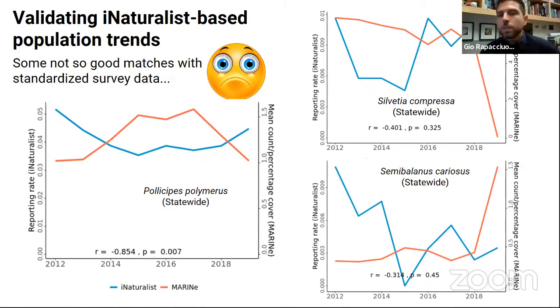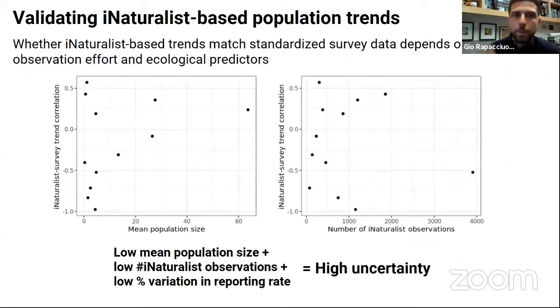And sometimes these aren't particularly significant fluctuations. And so really, if you squinted at it a little bit more, these are all flat lines. So we're trying to build an understanding of the validation here and why it is that the patterns we get from iNaturalist sometimes work and sometimes don't work so well.